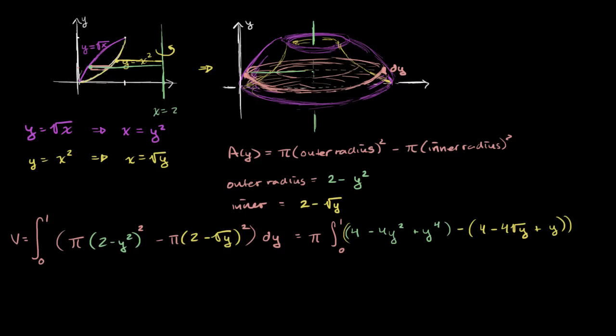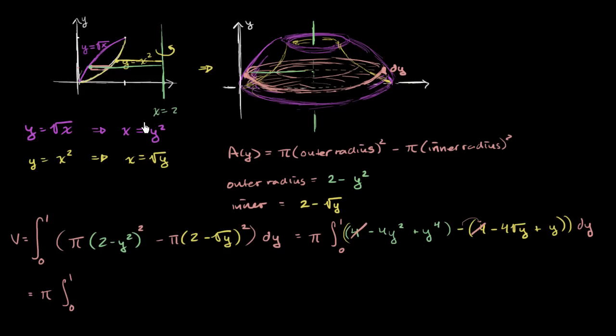All of that dy. And so this is going to be equal to pi times the definite integral from 0 to 1. Let's see if we can simplify this. We have a positive 4 here, but when you distribute this negative, you're going to have a negative 4. So that cancels with that. The highest degree term here is going to be our y to the fourth.